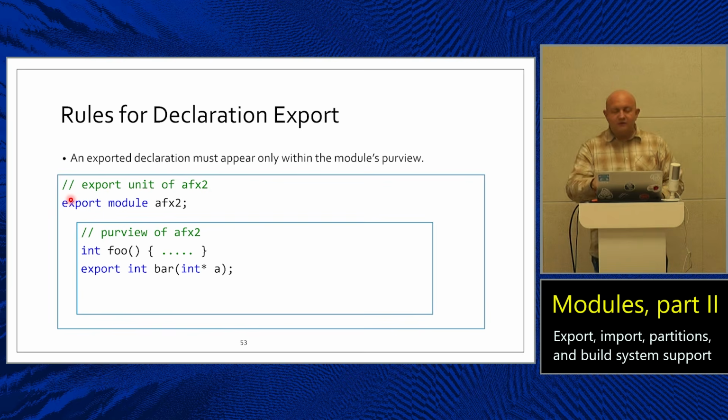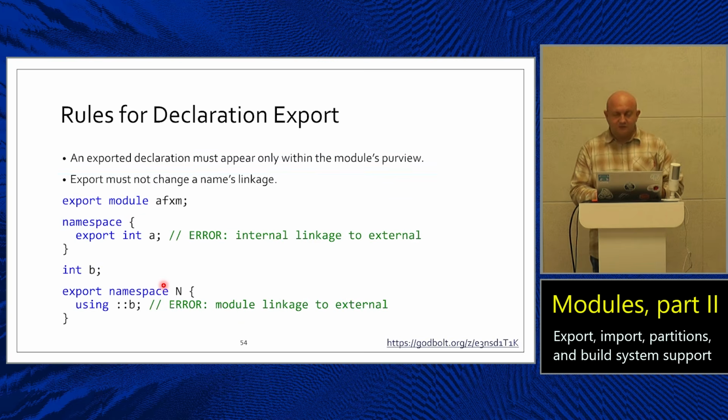Inside that purview, you can have ordinary declarations like this int foo, and you can have exported ones like export int bar here. But remember, export can appear only in the purview. That's where the module actually defines what it wants to share with the outside world.